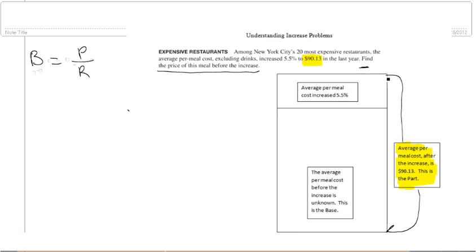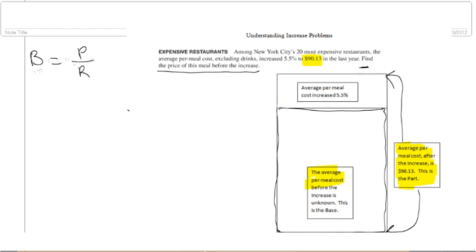In this case, the full height of this box is representing the part. So the full height of this box is actually the average per meal cost after the increase. The lower portion of this box actually represents the base. So this lower part, that is the base, or at least we're going to use that to represent the base.